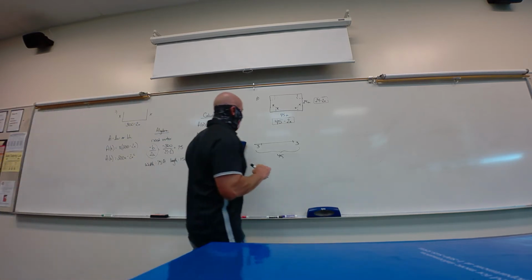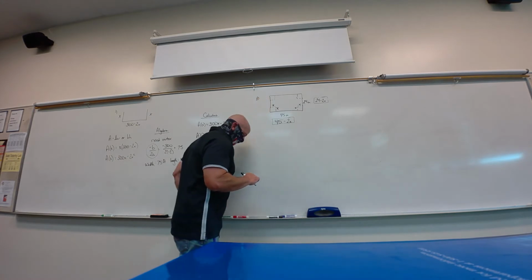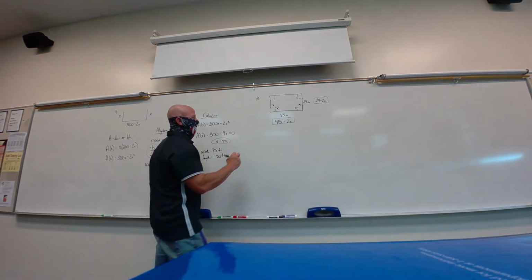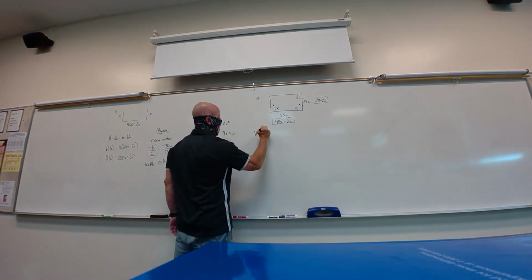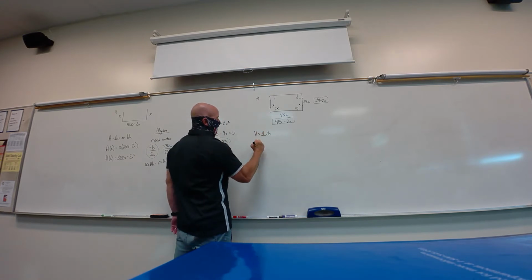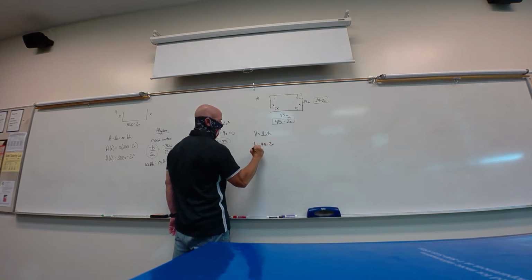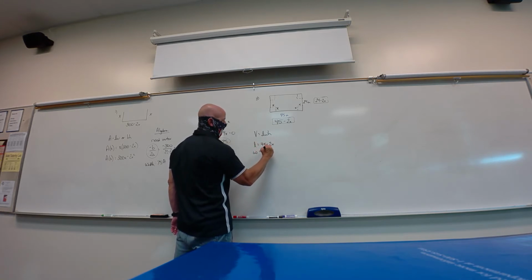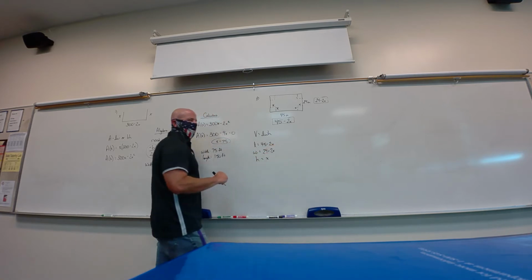All right, how do you find volume of a rectangular box? Length times width times height. So in this case, length, I'll write them out here, 45 minus 2x, width, 24 minus 2x, height, x.